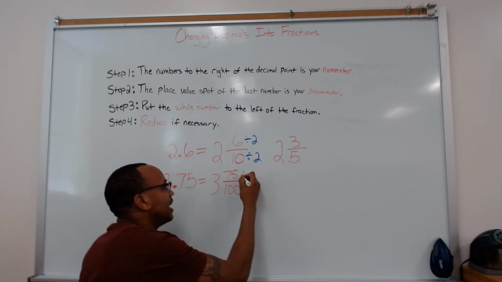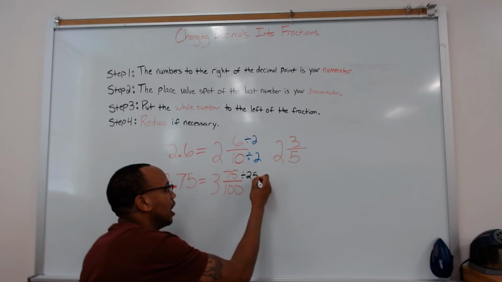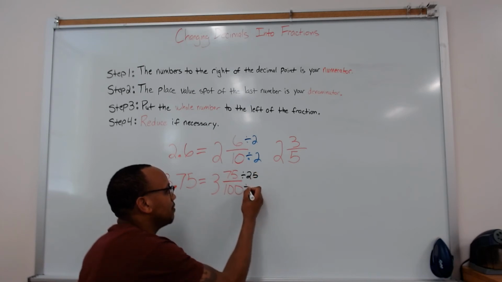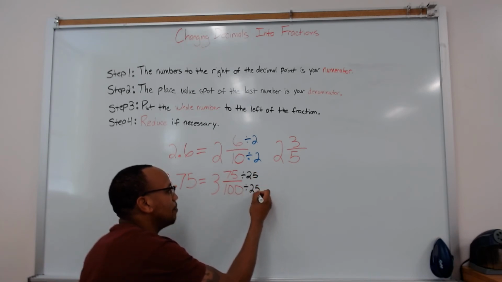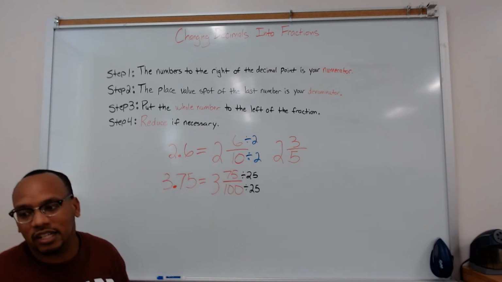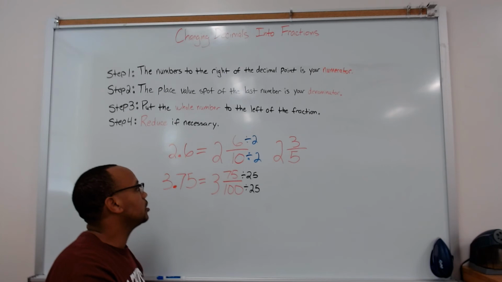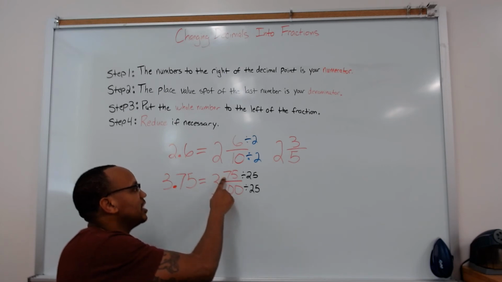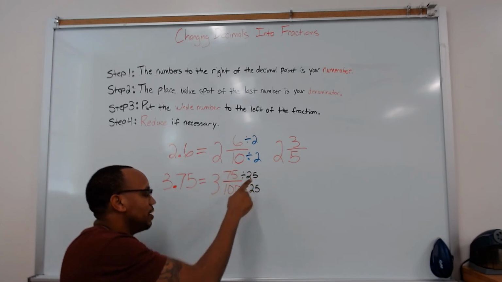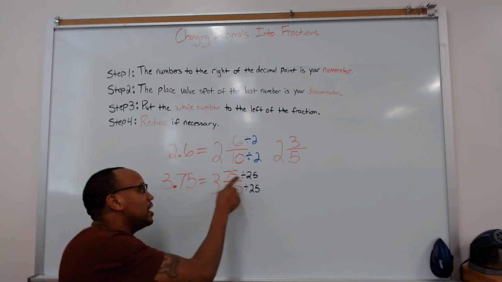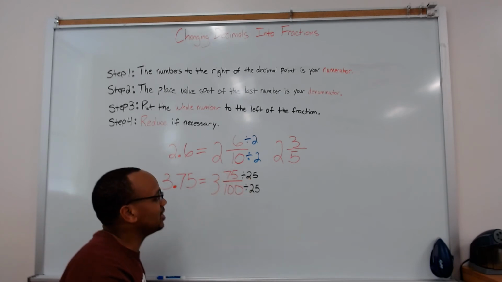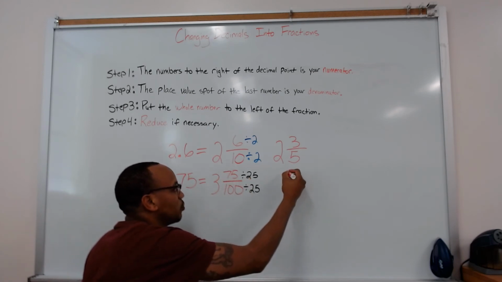So I can divide this by 25, and I can divide 100 by 25. That means I can break it into quarters because 25 cents is a quarter, right? So 75 cents divided by 25, basically, how many quarters is 75 cents? Well, it's 3 quarters.